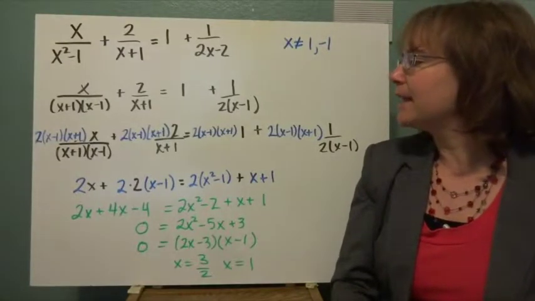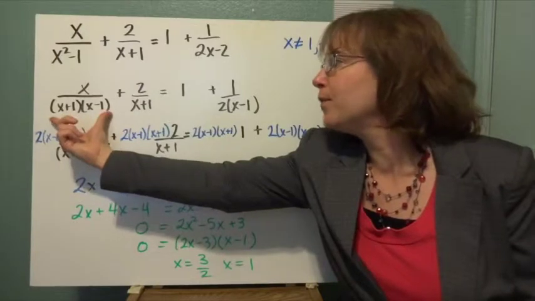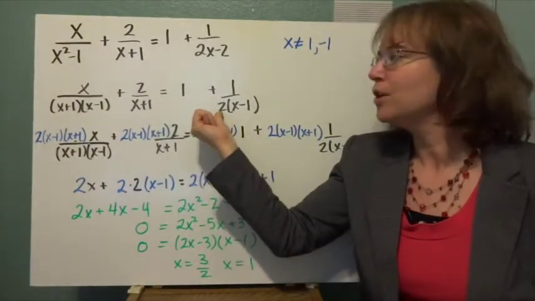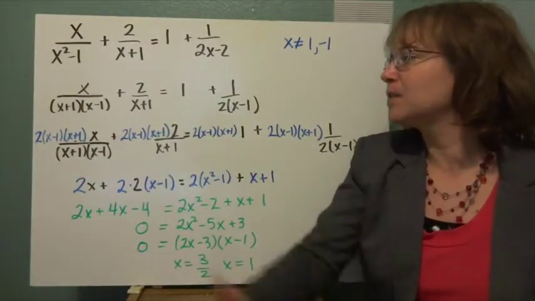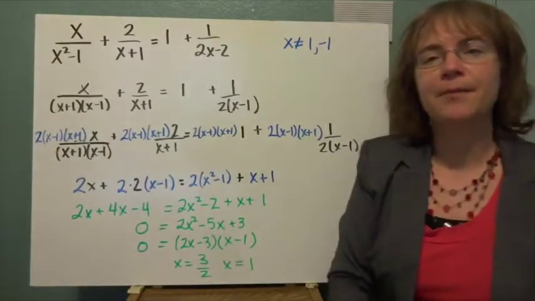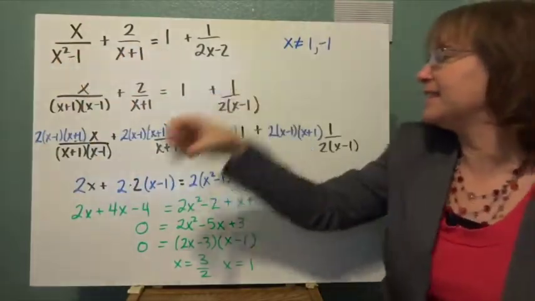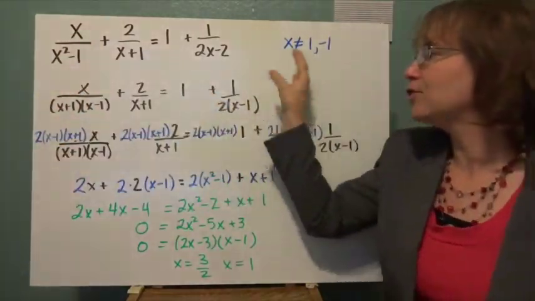So multiplying by the least common denominator, the least common denominator here is going to include both of these factors. This one's already included, and a 2. So it's going to be 2 times x plus 1 times x minus 1. That's my least common denominator. Multiplying this side and this side, but distributing my least common denominator here too.